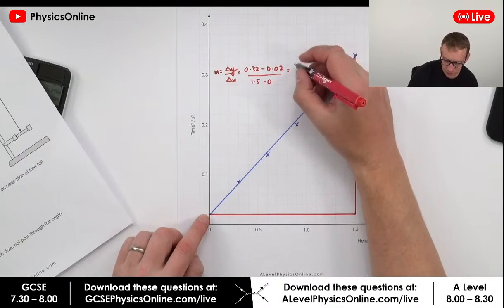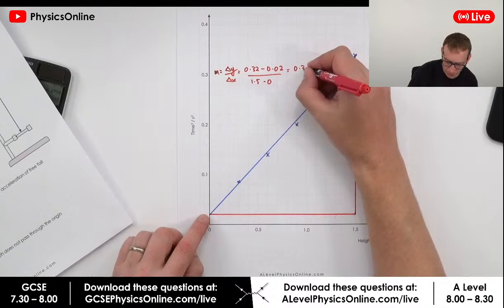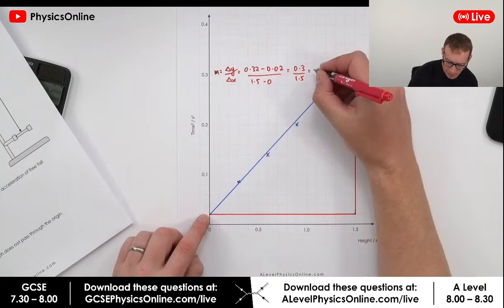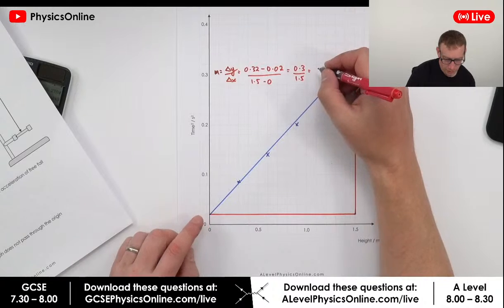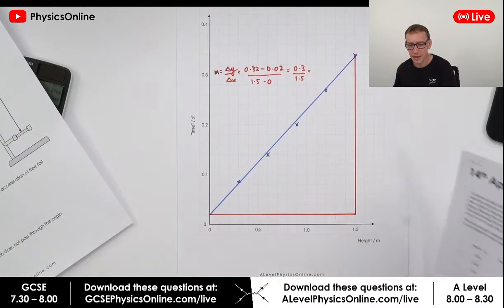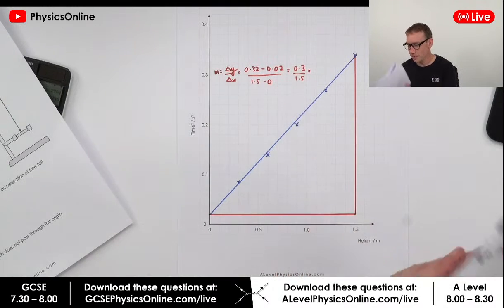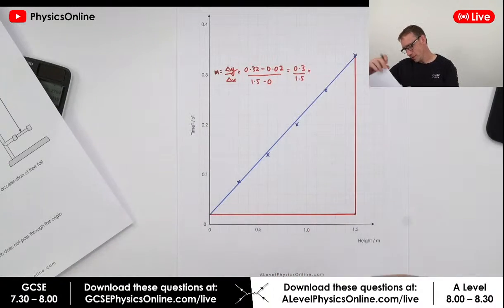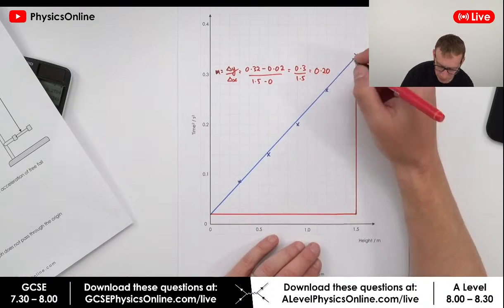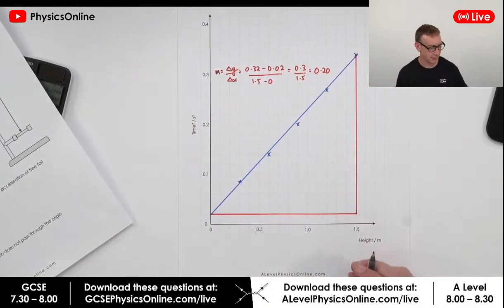So that is equal to 0.3 over 1.5, which I can work out in my head. So I would say that's equal to about 0.2, and that is not the final answer.